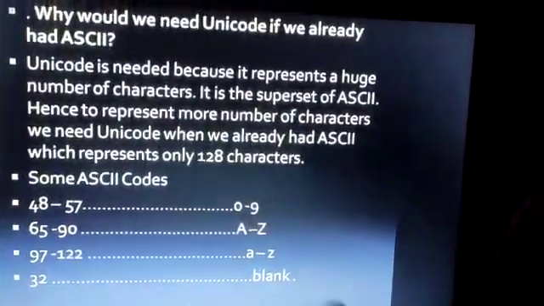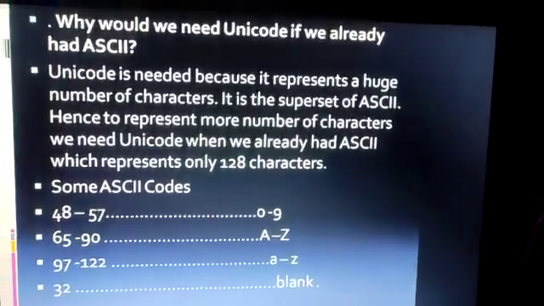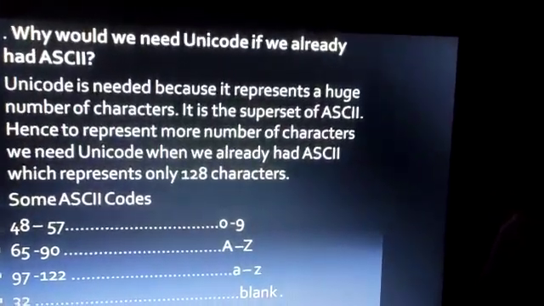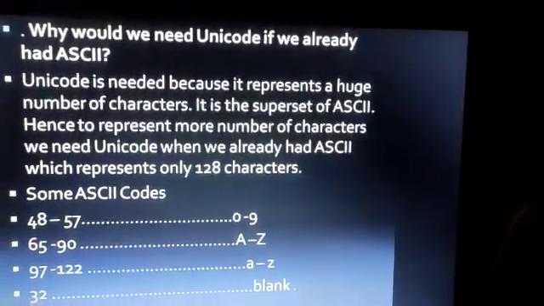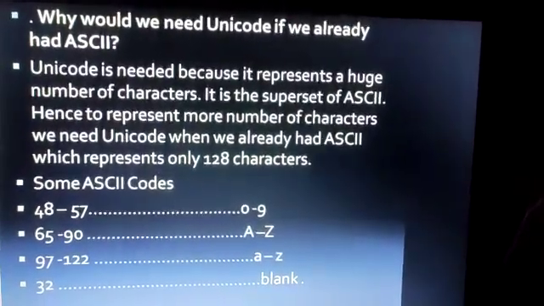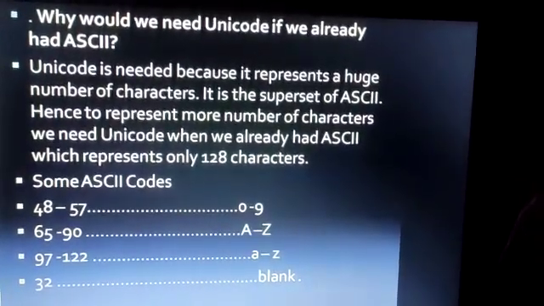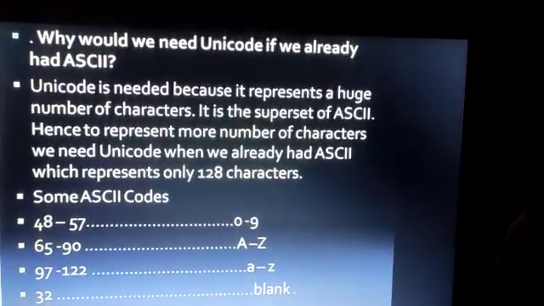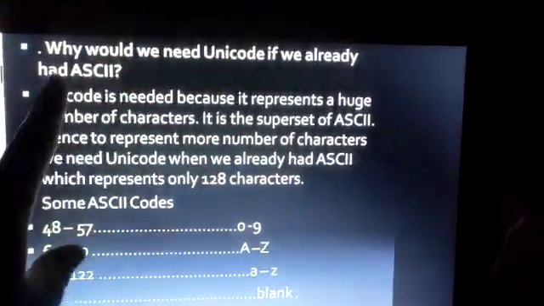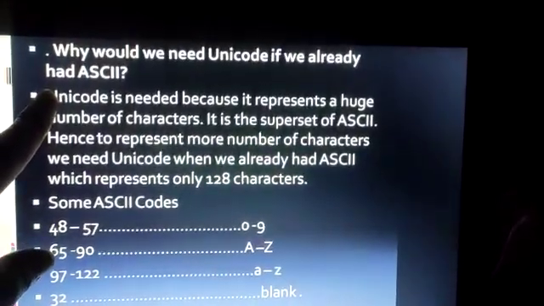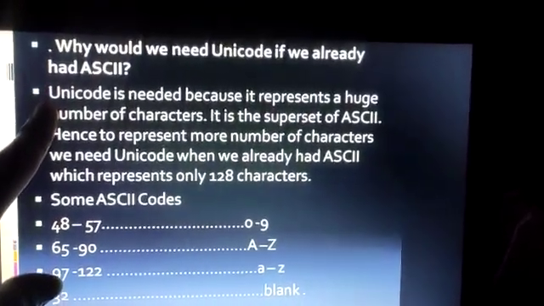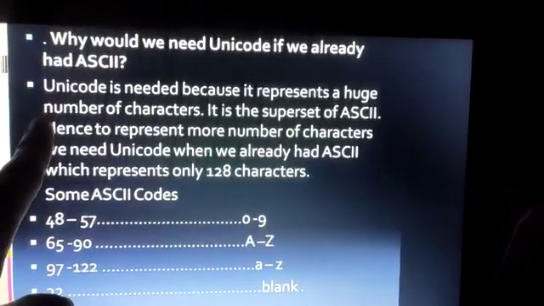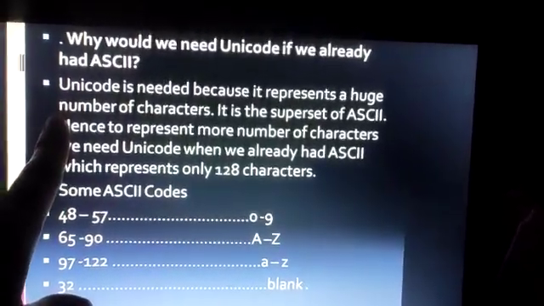One question arises in front of us: when we have 128 characters, which is enough, including all the capital A to Z, small a to z, all the digits from 0 to 9, and many others, why do we need Unicode if we already have ASCII? Unicode is needed because it represents a huge number of characters, more than ASCII.